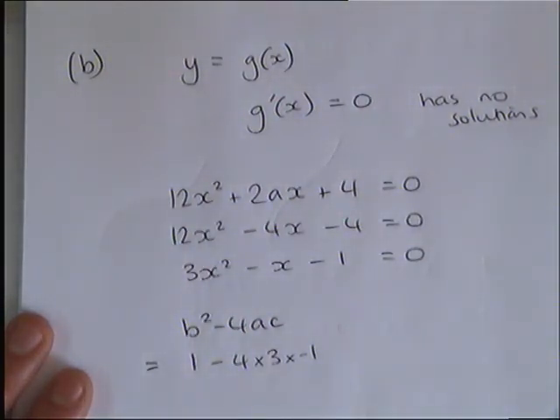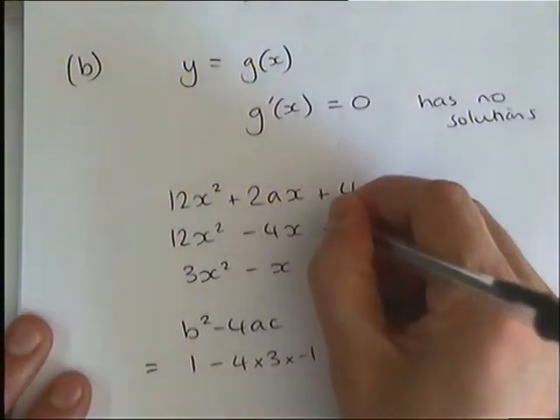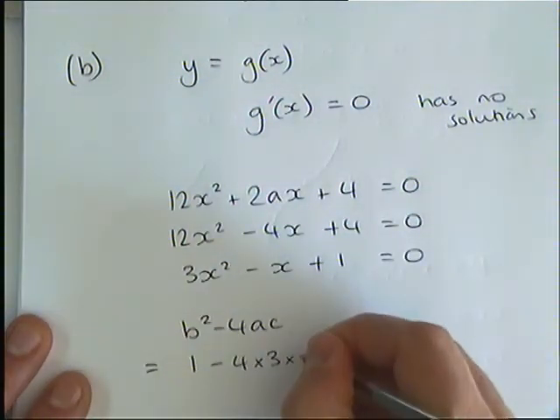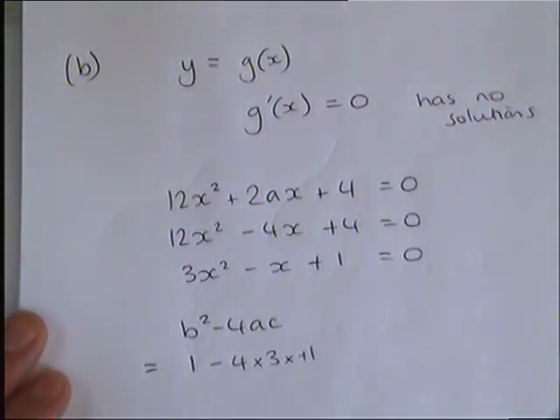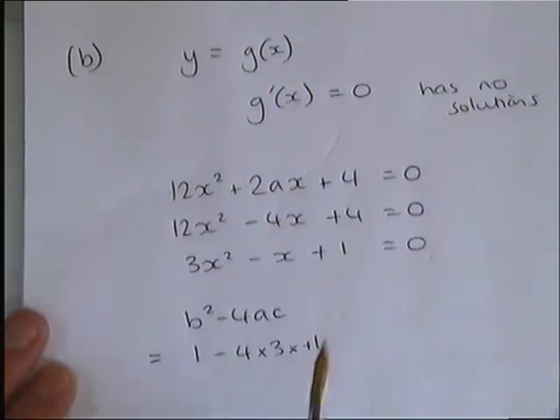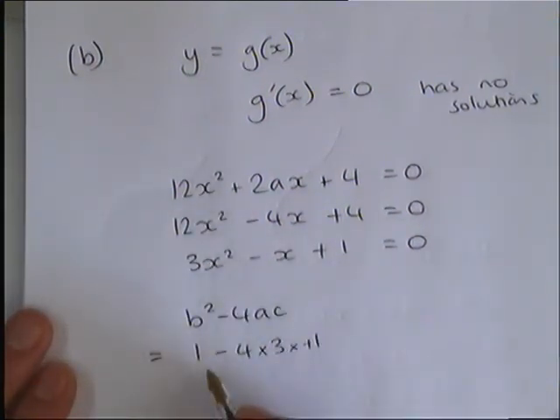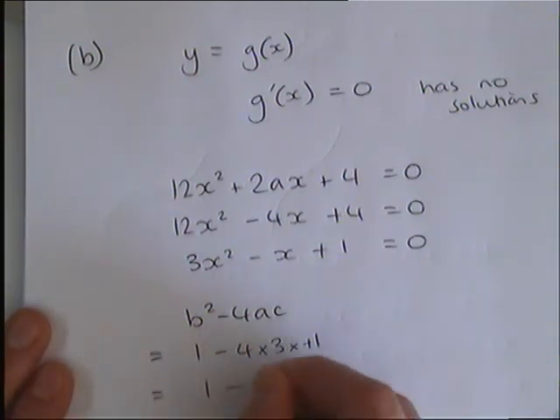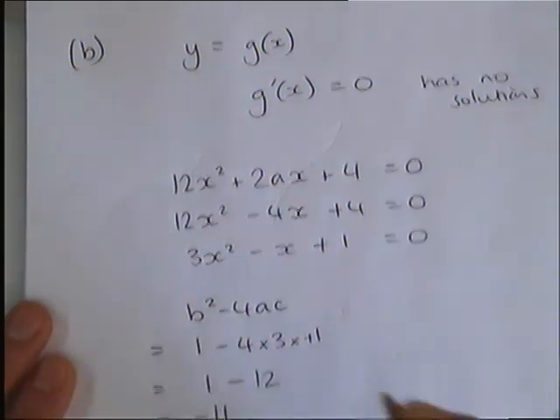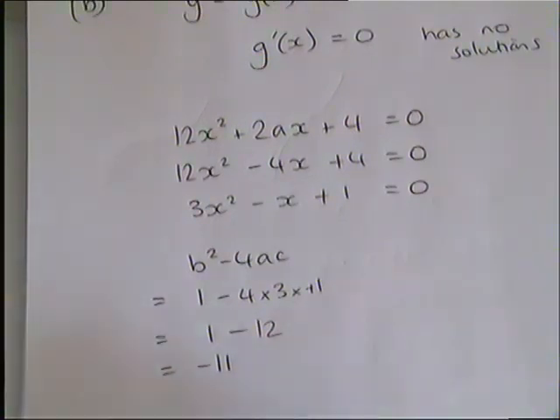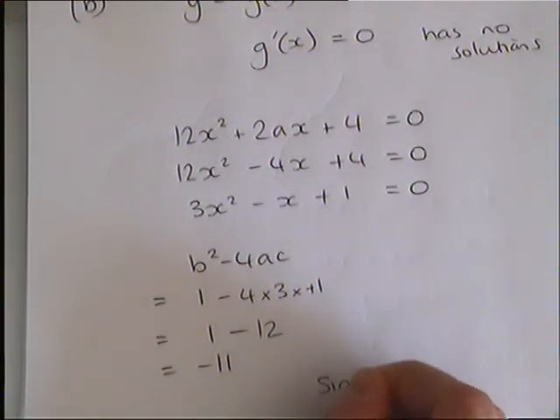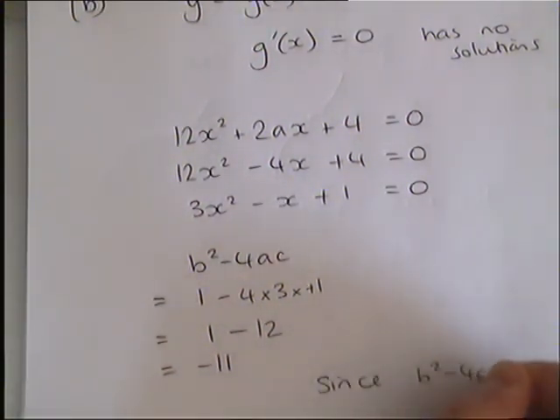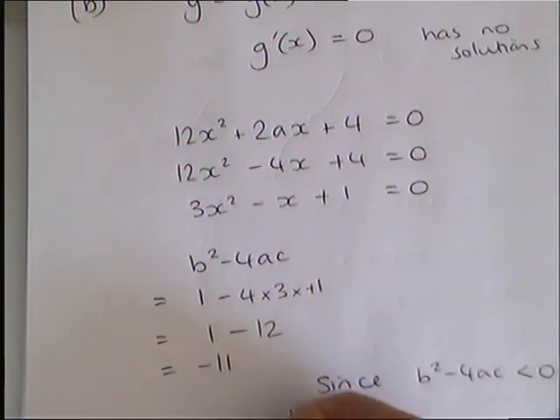Have I done something wrong here? Oh, I changed that to a minus, look at that. There we go. I don't know why I changed that 4 to a minus 4. So b squared minus 4ac is 1 minus 4 times 3 times 1, so that is 1 minus 12, which is minus 11. And therefore, since b squared minus 4ac is less than 0, there are no real solutions.